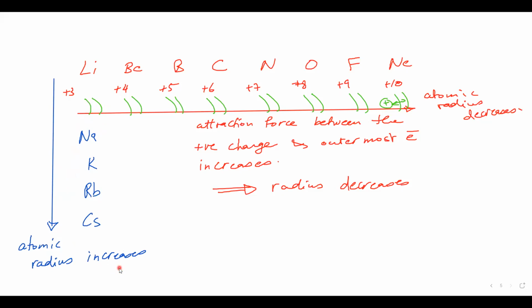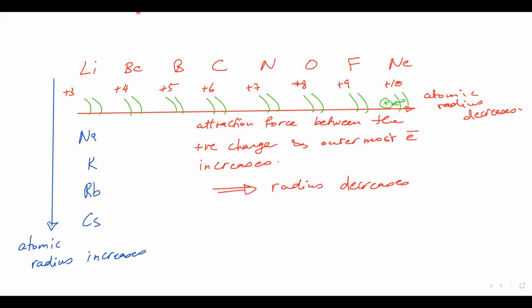It will become bigger and bigger. But across a period, we will find that the atomic radius decreases, and that's because as we move across a period, the positive nucleus increases, the attraction force between the greater nuclear charge and the outer electron also increases, and so the radius will decrease.